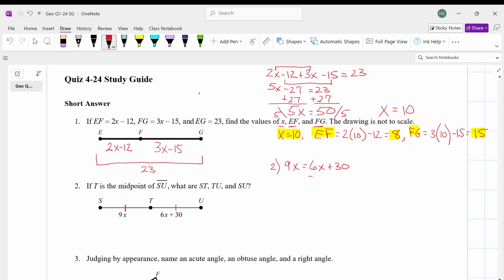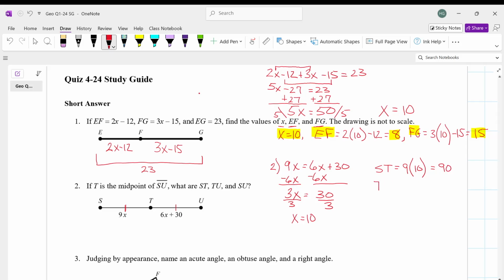We can subtract 6x from each side. 3x is equal to 30. And then divide both sides by 3. So our x is equal to 10. If we substitute now, let's see, ST is equal to 9 times 10, which is 90.